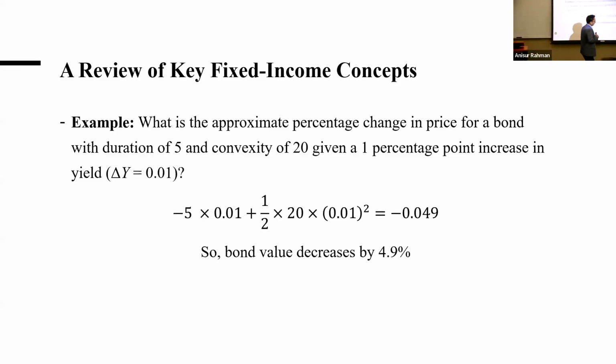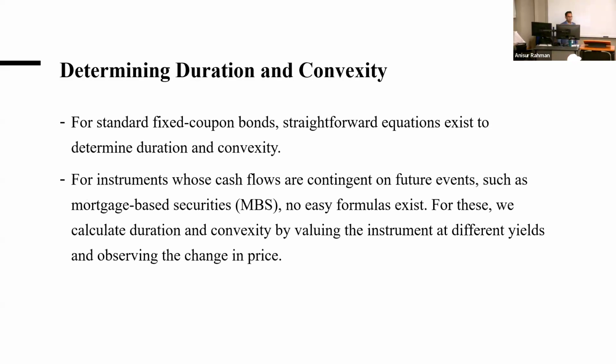So if the change in yield is positive, the percentage change in price has to be negative. If delta Y is negative, negative times negative is positive, and the percentage price will increase, right? But note that convexity is positive.